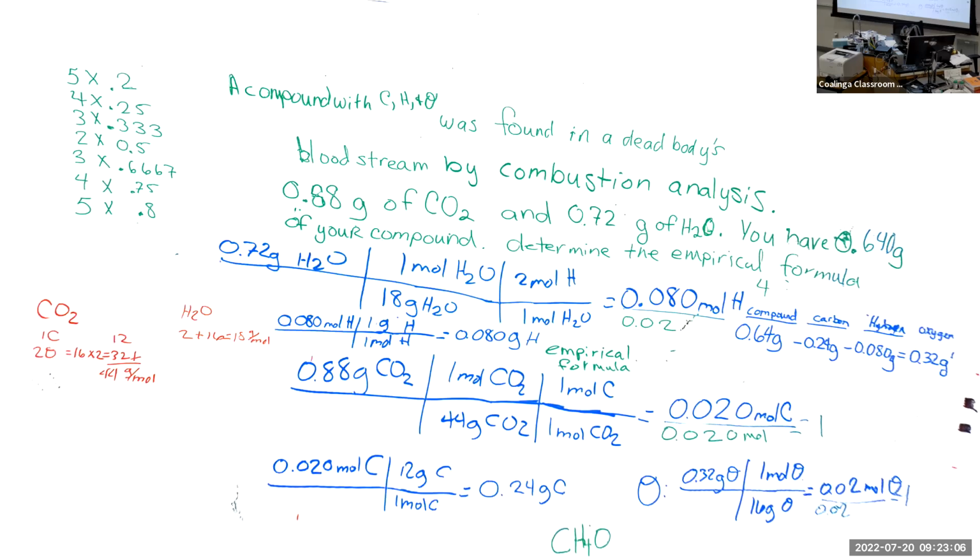Well, but you made the assumption, right? So what you're saying is that all of the oxygen in CO2 is coming from your compound. You make that assumption. You just got lucky, right? You can't make that assumption, because that's not always what it is.